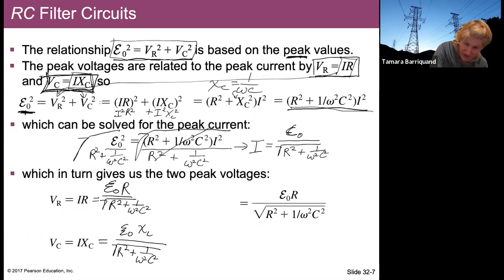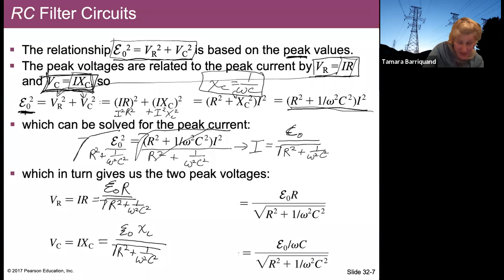And I remember that my reactance is equal to 1 over omega times C. And so this I can then rewrite as EMF naught over omega times C over the square root of R squared plus 1 over omega squared C squared.